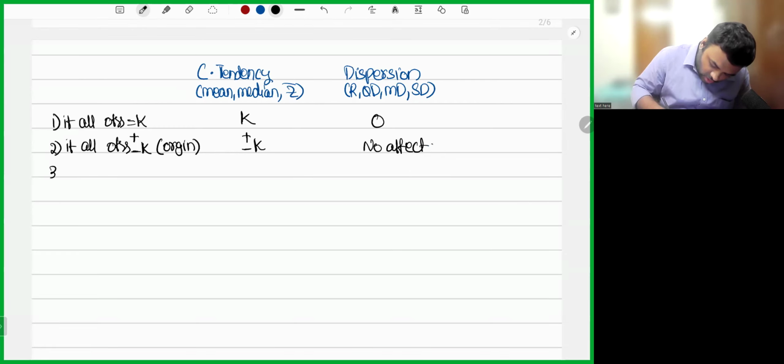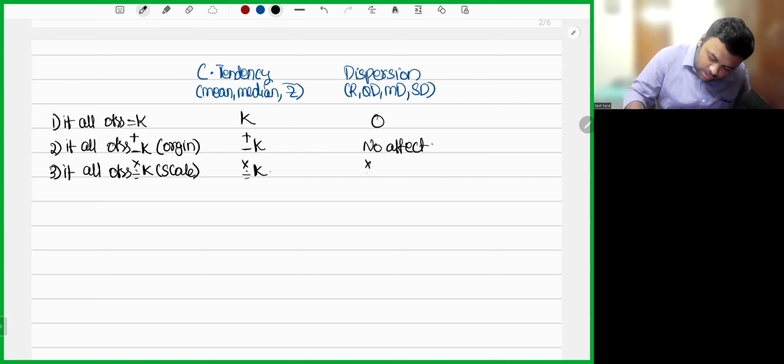Next, if all observations are multiplied or divided by a constant, that is scale, central tendency is also multiplied or divided by the constant, and dispersion is also multiplied or divided by the constant.